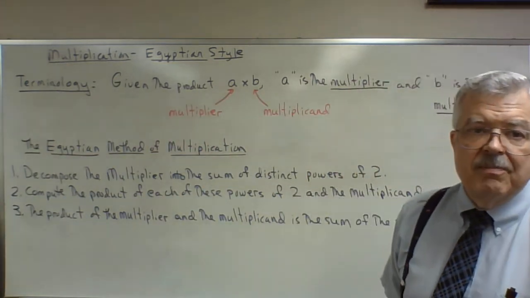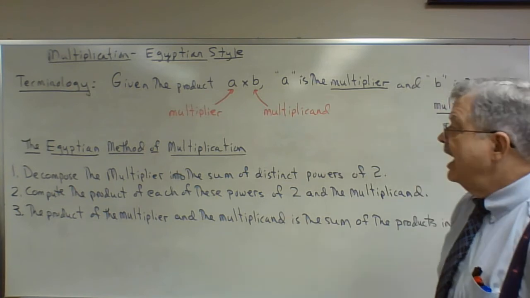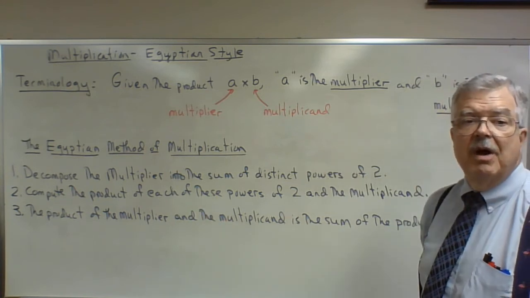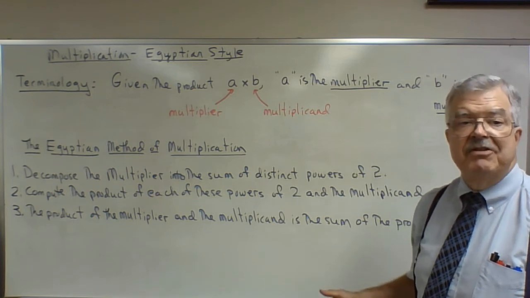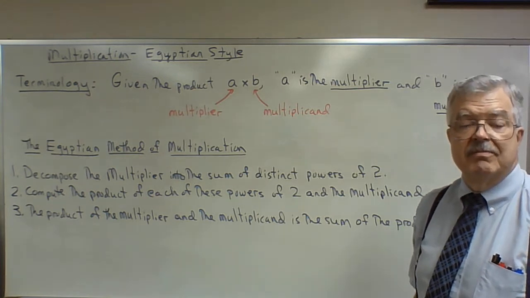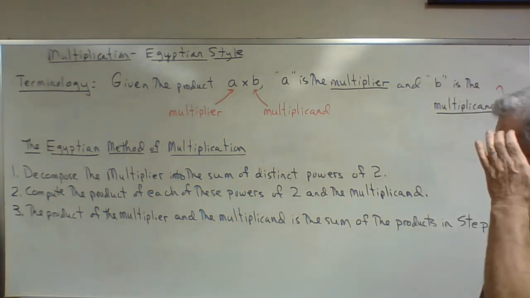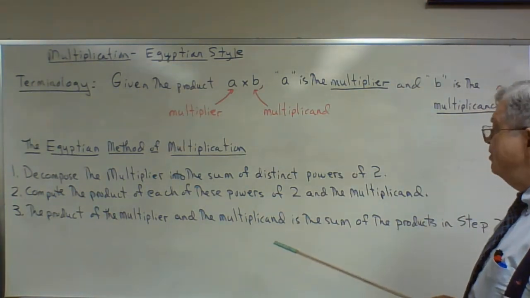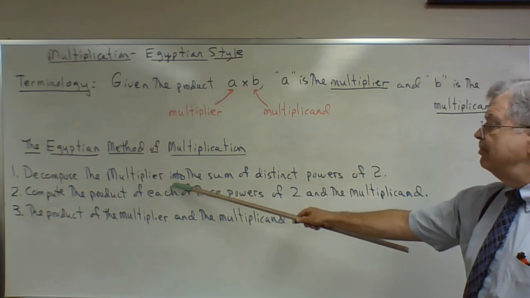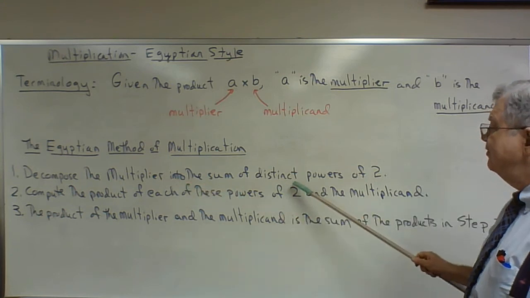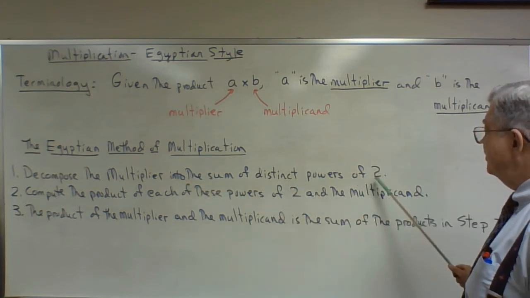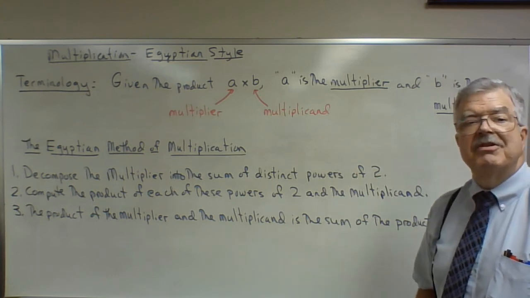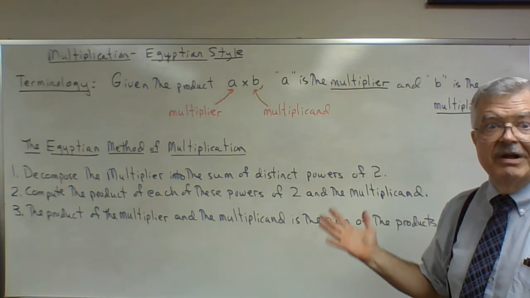For a whole number, absolutely. And the reason I know that we can always do this is every whole number has a base 2 representation. So absolutely we can decompose the multiplier into the sum of distinct powers of 2. It's just the base 2 representation in terms of zeros and ones, essentially.